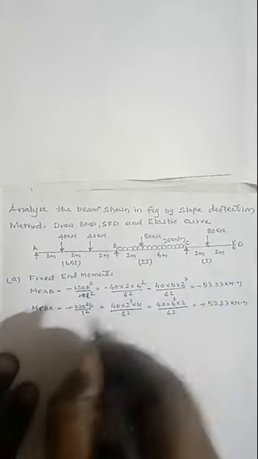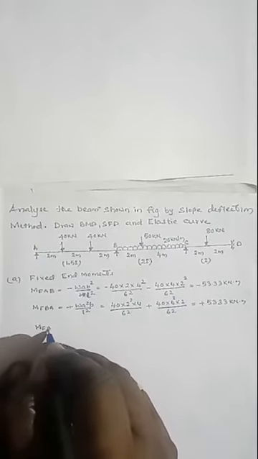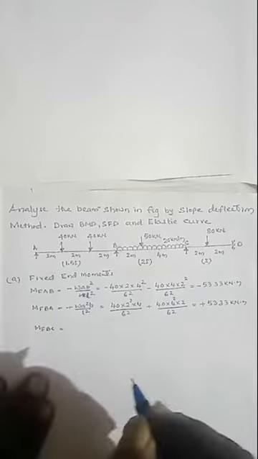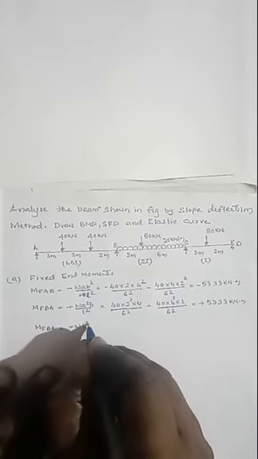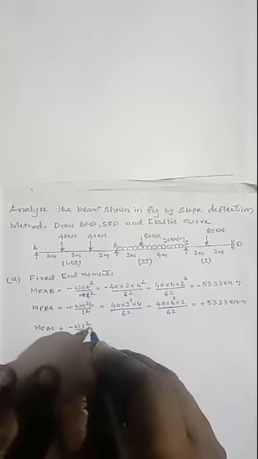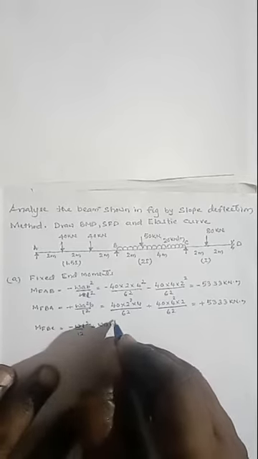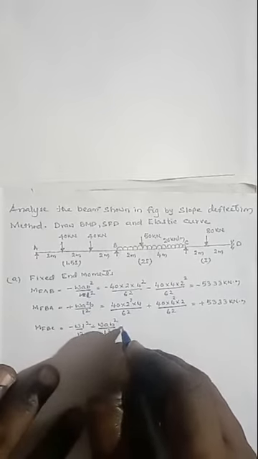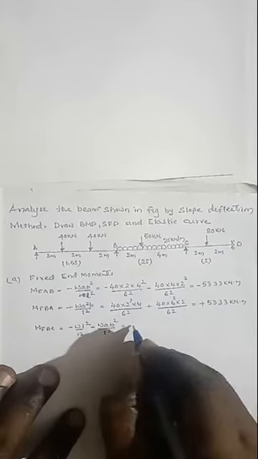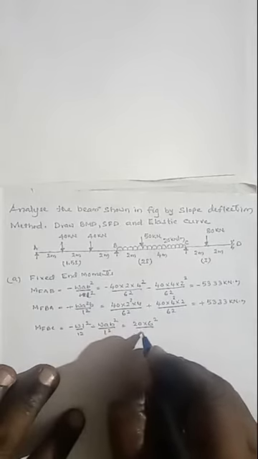Then you will get 53.33. Then for the second span, that is MFBC, here it is subjected to 1 point load and 1 UDL. For UDL the formula is WL square by 12. For point load, that is again W a b square by L square. This one equals 20 into span 6 square divided by 12.